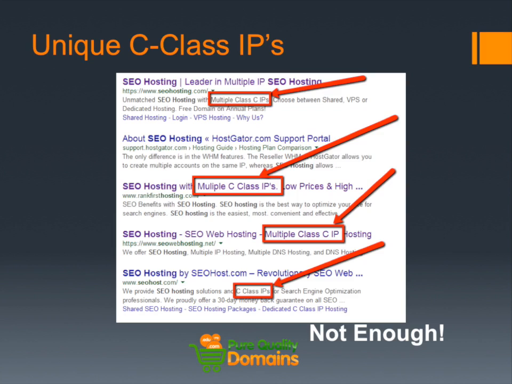Front and center when you Google SEO hosting, you get all these multiple C class IPs. The thing is, Google can see these. They can see when there are many different C class IPs all in succession of each other. That means all these IPs are at the same data center, and Google can shut down one data center because all the C class IPs are going to be on it.